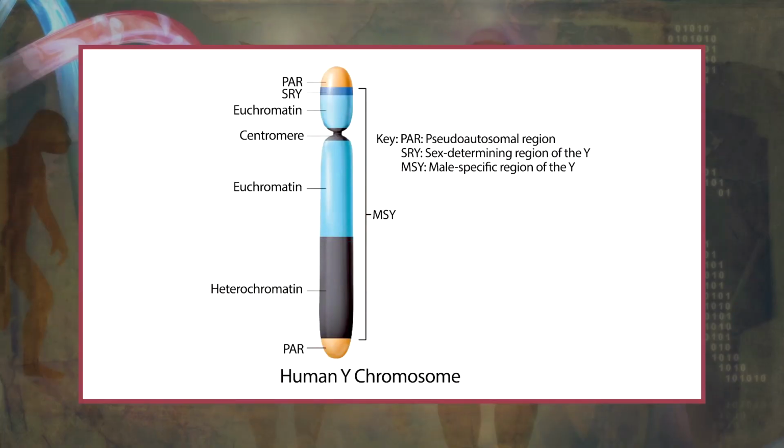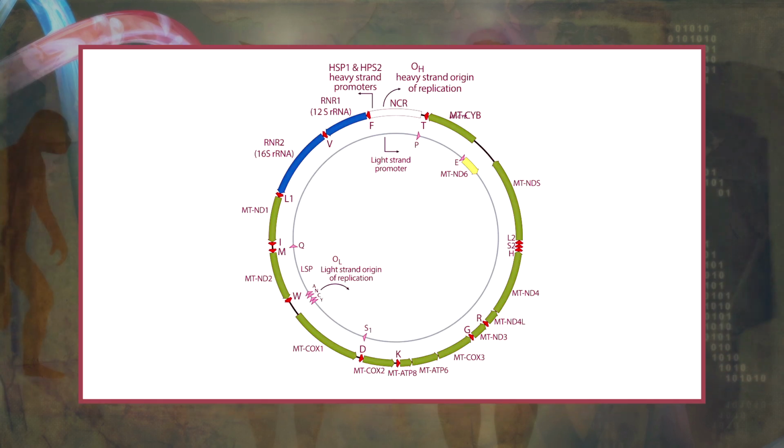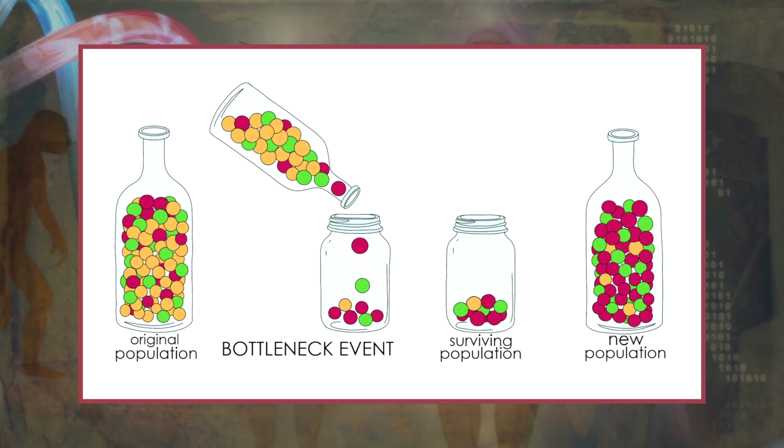Analysis of Y chromosome, mitochondrial DNA, and autosomal DNA supports the relatively recent derivation of Native American populations from populations that lived in Northeast Asia. These data also indicate that there may have been substantial bottlenecks as the founding populations entered the Americas some 20,000 years ago.